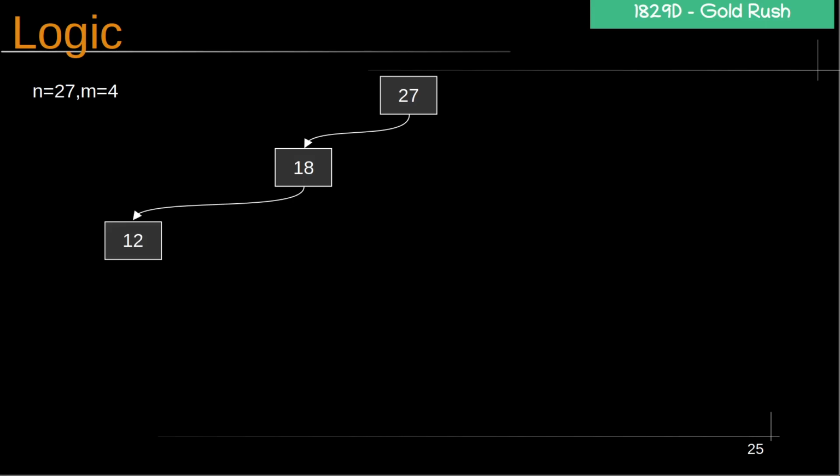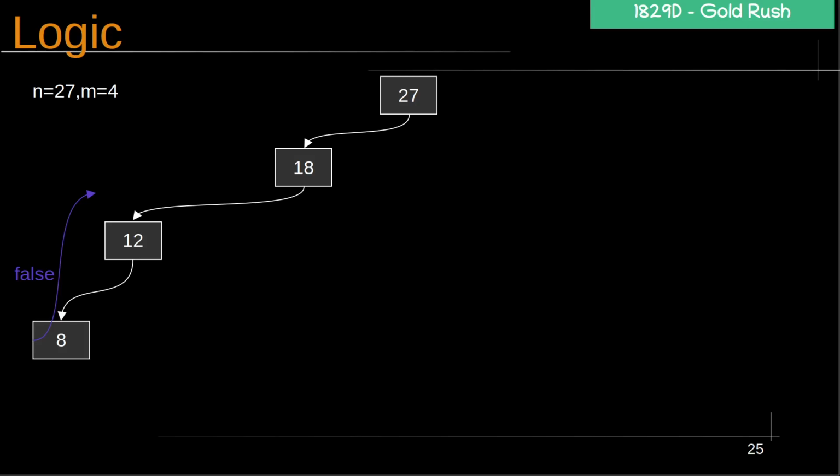Because 27 is divisible by 3, 27 over 3 is equal to 9, and we have 2 times 9 here to find 18. Same for 18. 18 over 3 is equal to 6, and here we put 2 times 6, which is 12. 12 is divisible by 3 and is equal to 4, so we can put 8 here. 8 is not divisible by 3, so we return false.